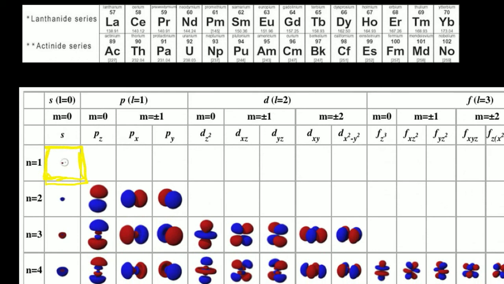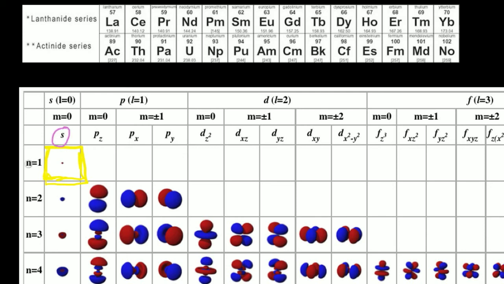It's a sphere. There's a higher likelihood of finding an electron towards the center of the sphere than towards the edge of the sphere, and this is going to be called the s orbital. So here we have the s orbital.